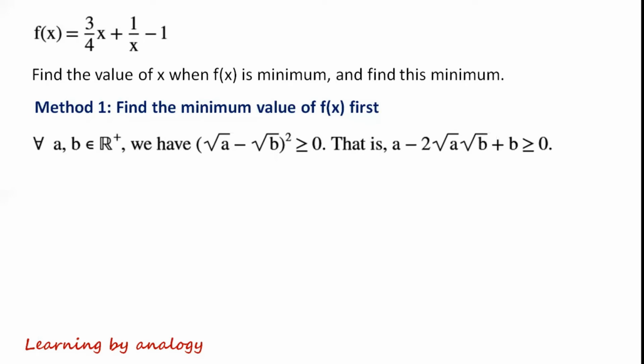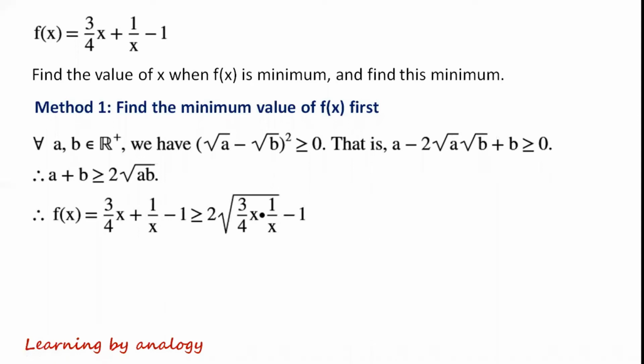That is to say, a minus 2 root a root b plus b is greater than or equal to 0. Rearranging this inequality, we have a plus b is greater than or equal to 2 root ab.